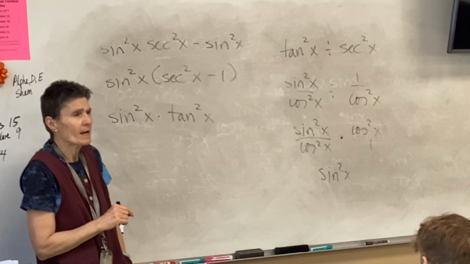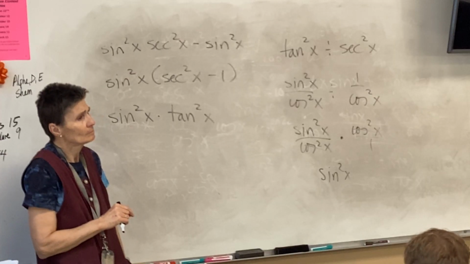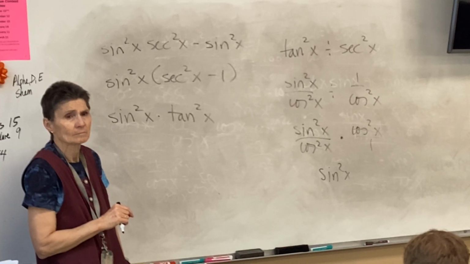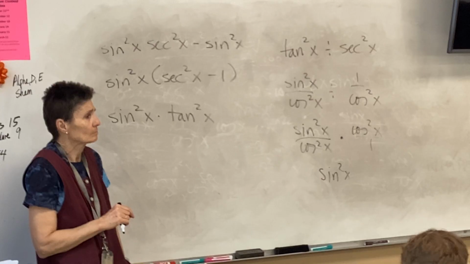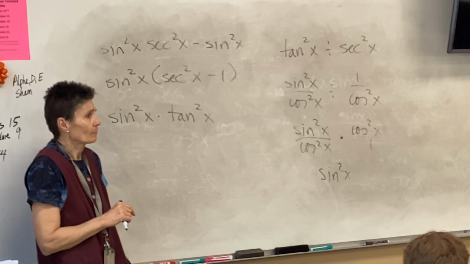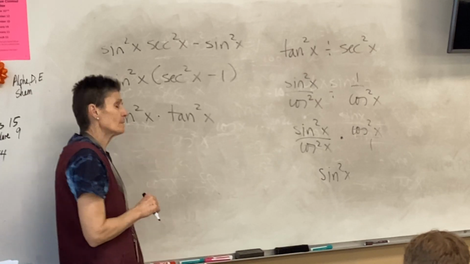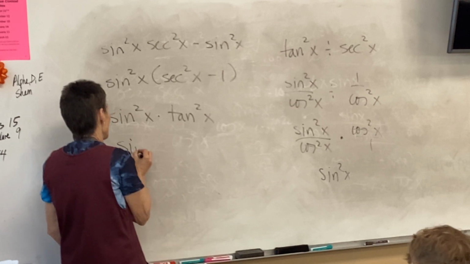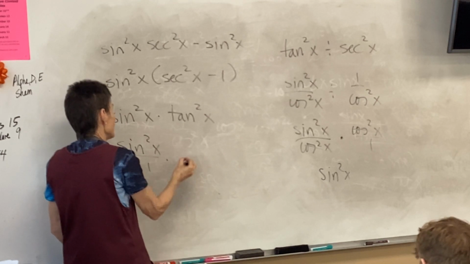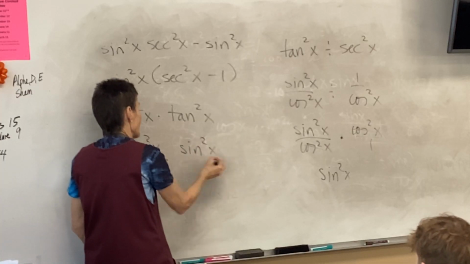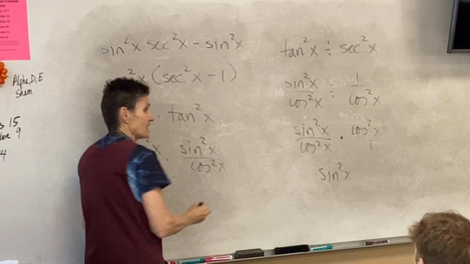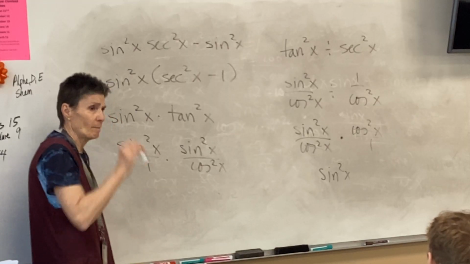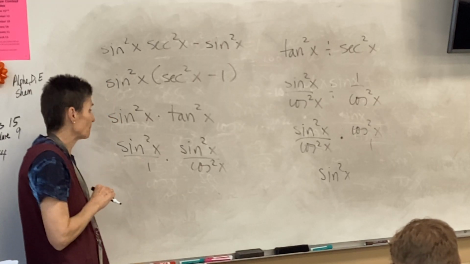Any thought on that? Well, there really isn't much I can do with this. I could change tangent squared into sine squared over cosine squared, because that's what tangent is on my paper, sine over cosine.